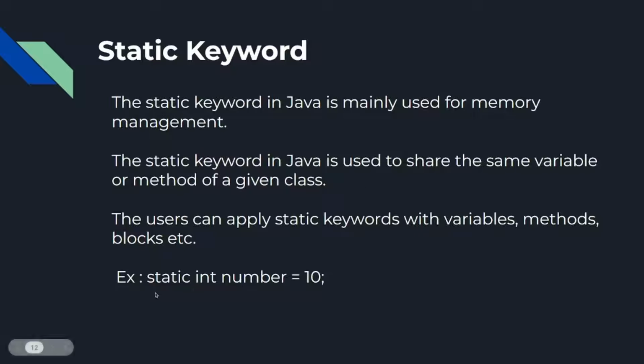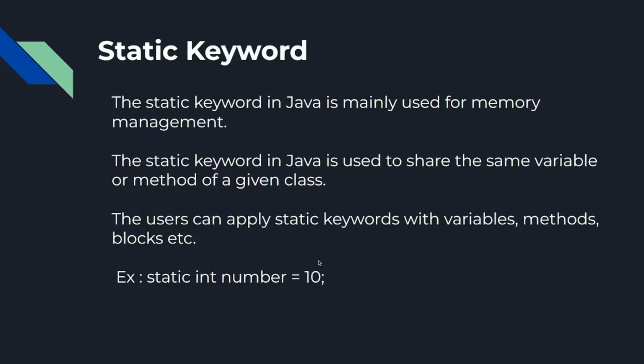For example, you can see here we have declared a variable called number which is of type integer static. Now that means if you change the value of number anywhere in the program, it will be affected globally. It means if you change the value of the number in one place, it will affect the value of the number in all the other places.